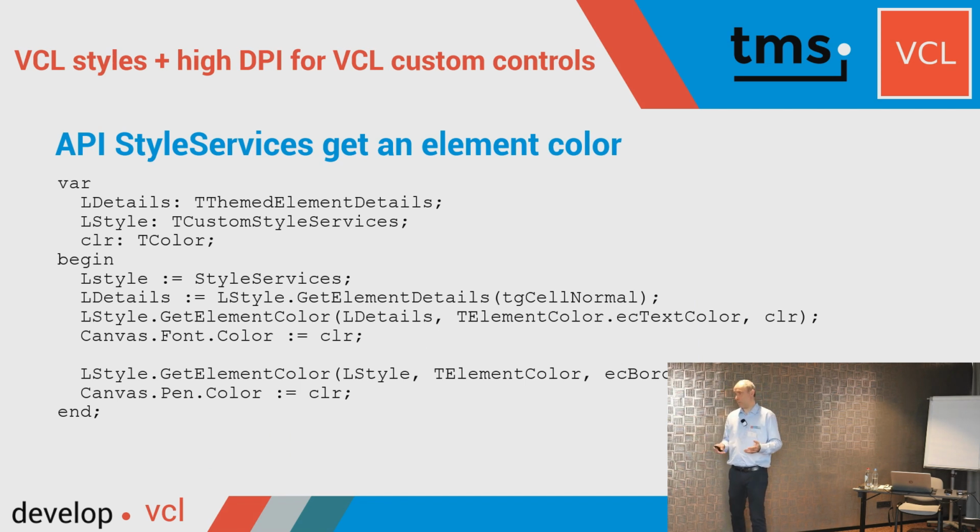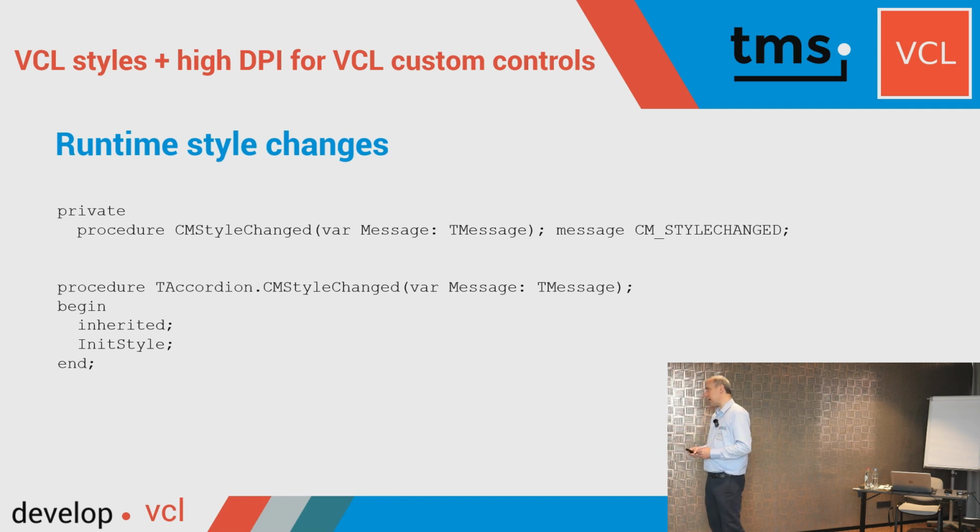Then there is something you also need to take into account, and that's a little bit the same as how you would handle the DPI change: you also might need to handle a VCL style change.